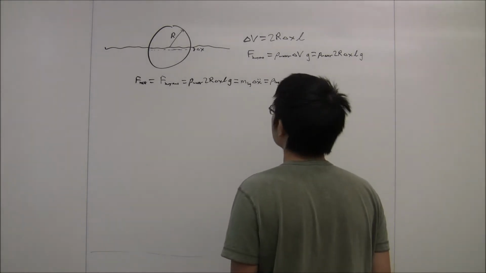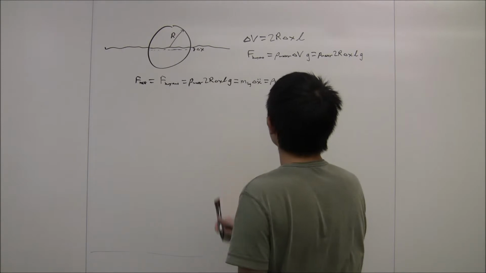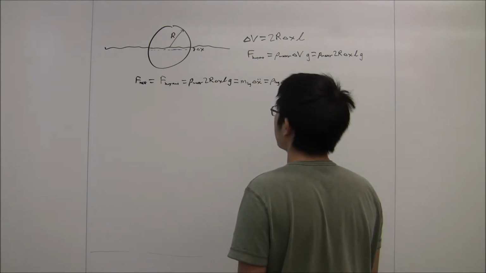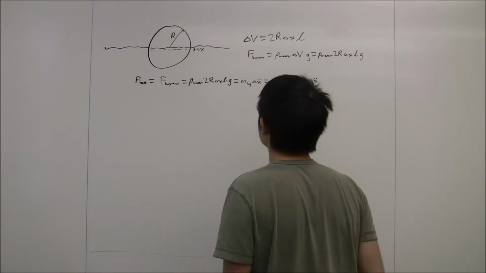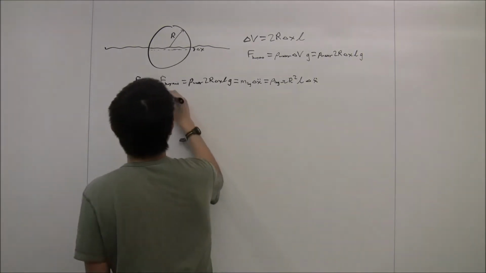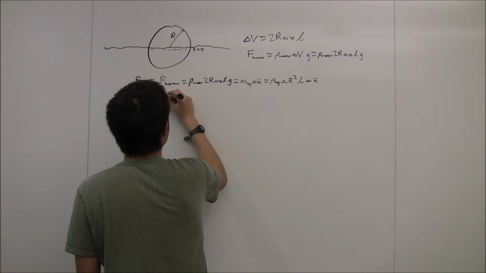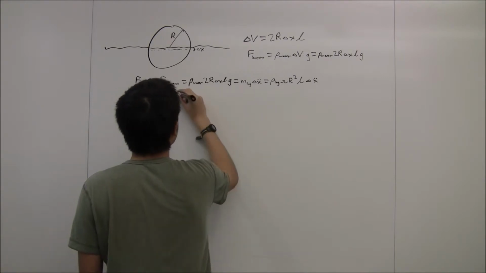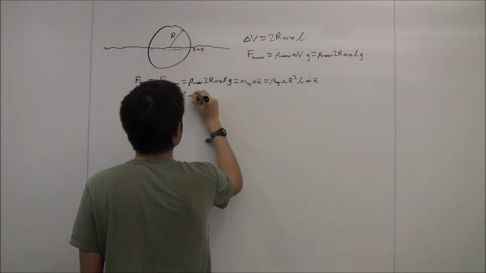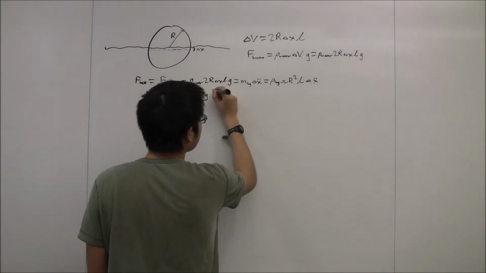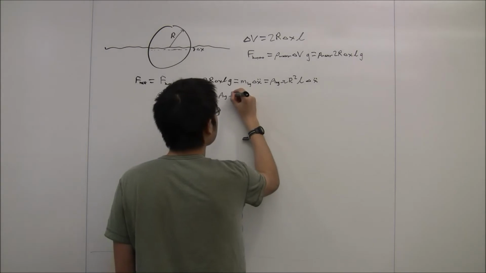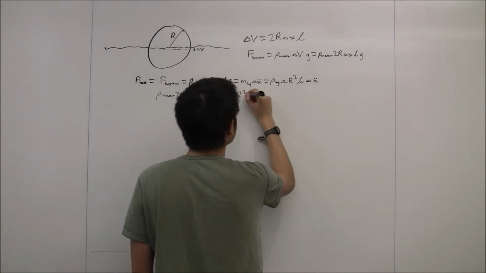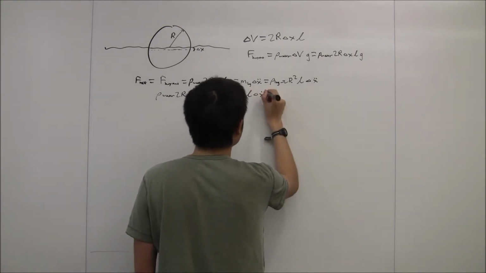Alright. So now we've got our equation for the net force. So now we know that rho water times 2 times big R times delta x times L times G is equal to rho log times pi times big R squared times L times delta x double dot.